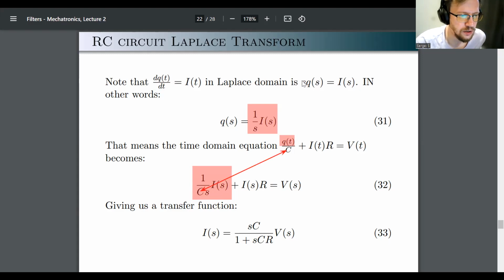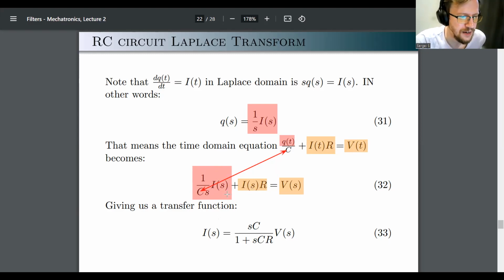Ohm's law remains the same in both cases, and the right-hand side V remains the same in both cases. So we have a differential equation which is quite the same, but we have this 1 over s times C here. All right, sounds good.